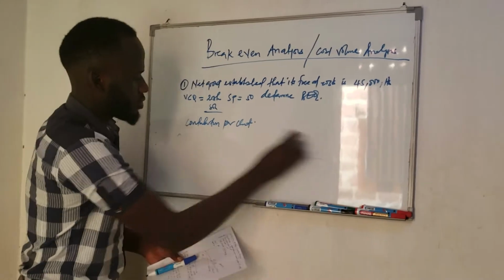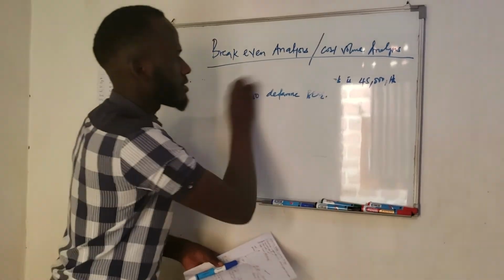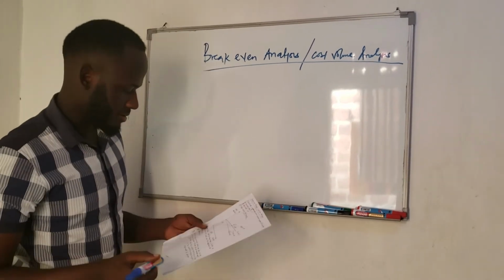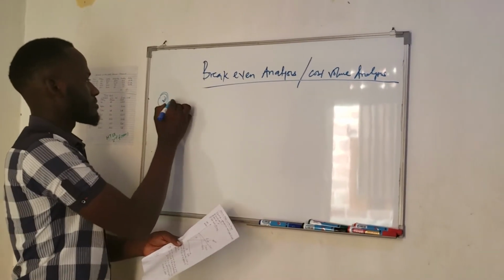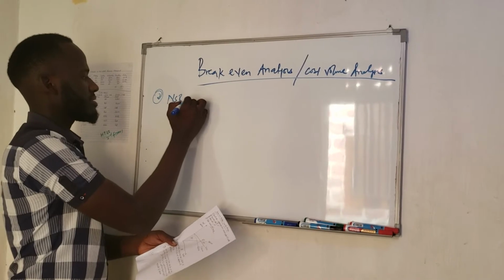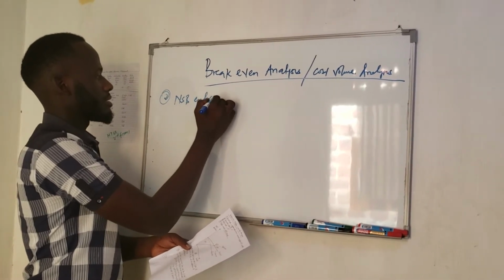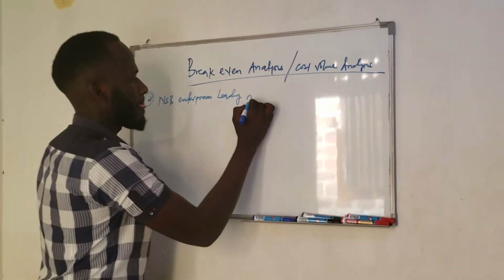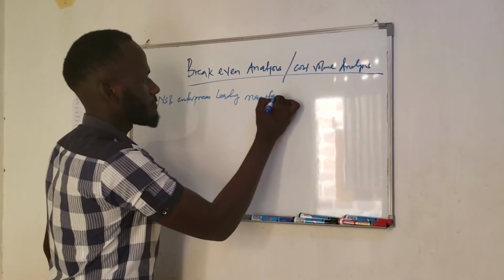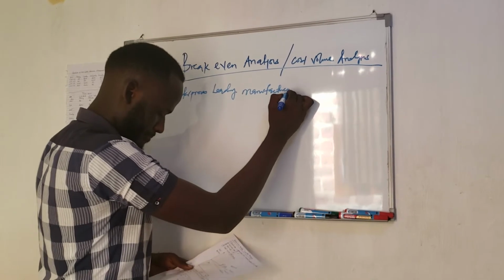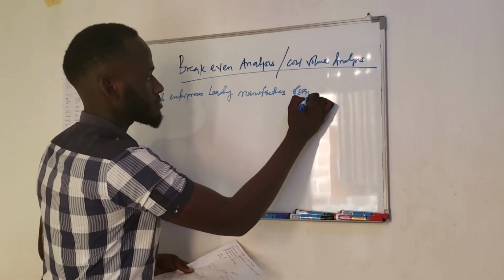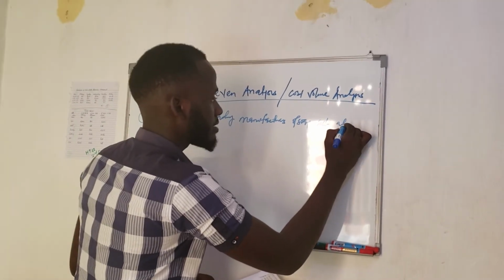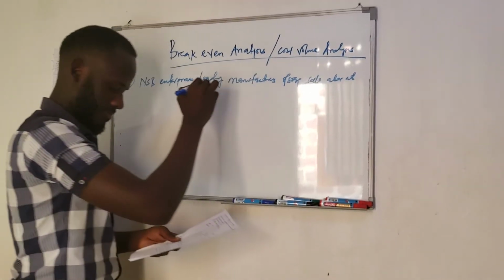So after this, we shall have another question. Another question says, question 2. NSB Enterprises, the leading manufacturers of soap, sells a bar at 1,200.